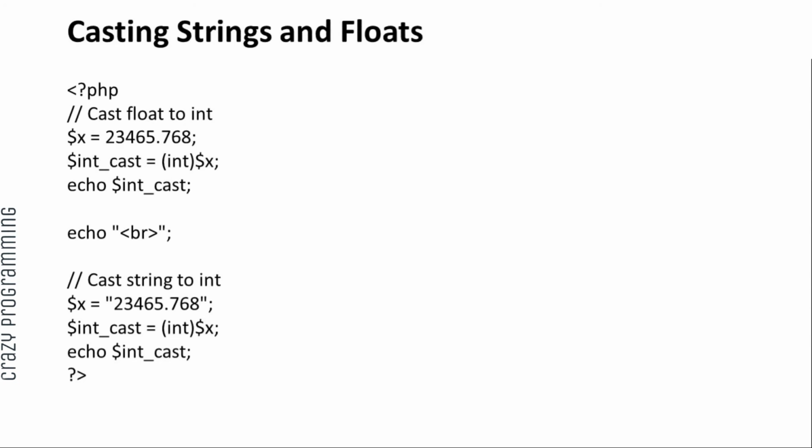Here we described a new variable, that is x variable equals to 23465.768, and after that we have described another variable, that is int_cast equals to, inside brackets, int and then $x, the variable.